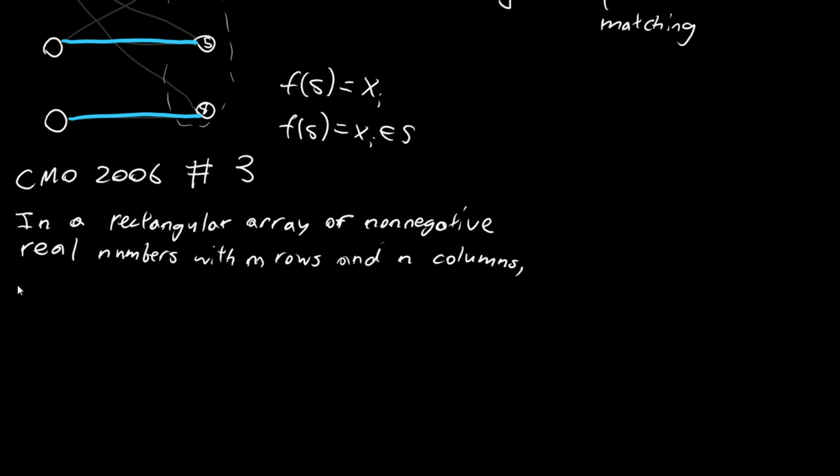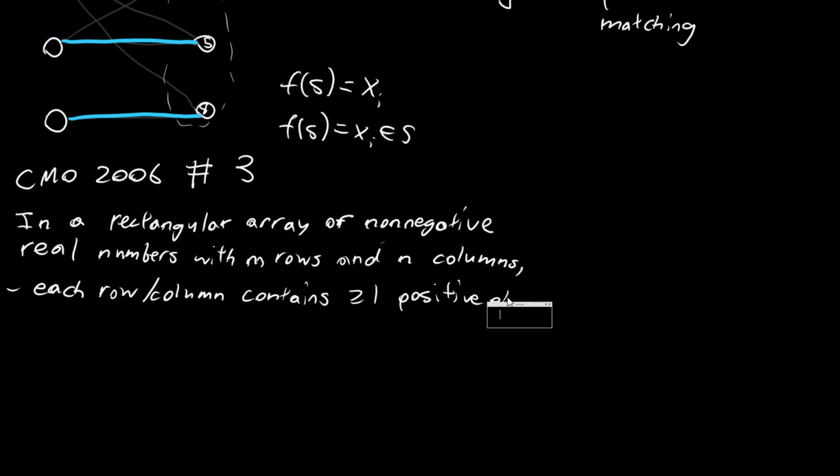I'll do it in bullet points. First, each row or column contains at least one positive element. And we also get that if a row and a column intersect in a positive element, then the sums of their elements are the same.